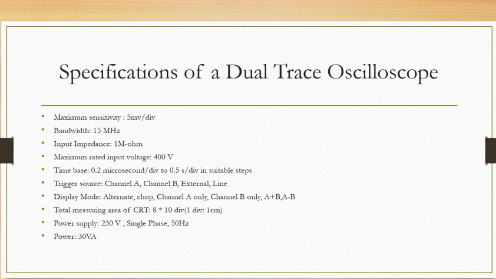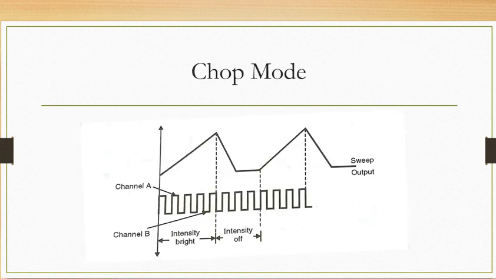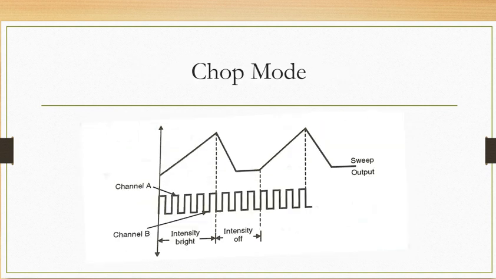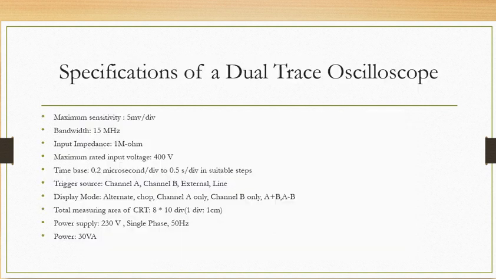In the next lecture we may complete our syllabus. I think this much is sufficient for today's lecture. We have seen the dual trace oscilloscope, then alternate mode, chop mode, XY mode as well, and after that some specifications of a dual trace oscilloscope.